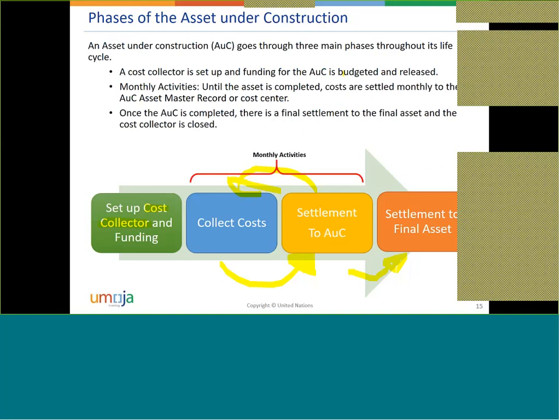So remember that these 2 in between are monthly activities. Let's say that the green box happens at the beginning. Then during the project, you have always this blue box and the yellow box. And then at the end, we have the orange box. Okay, is that clear?